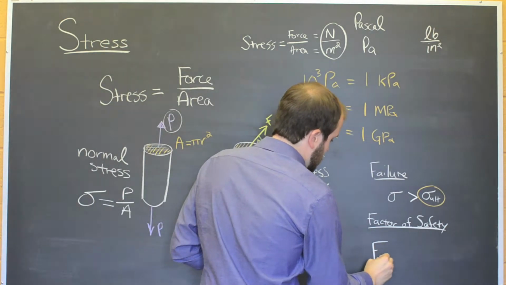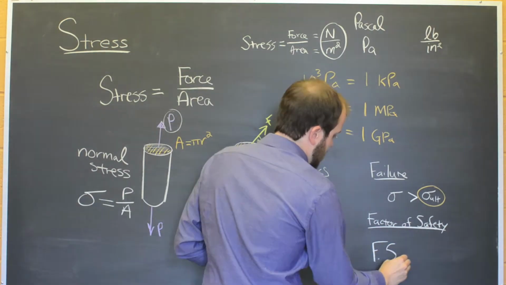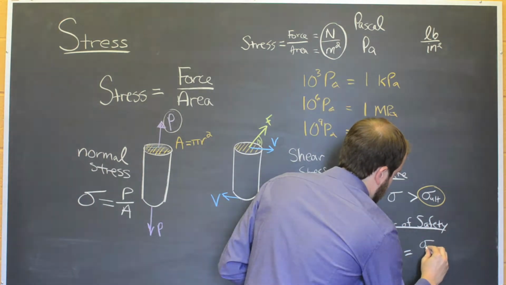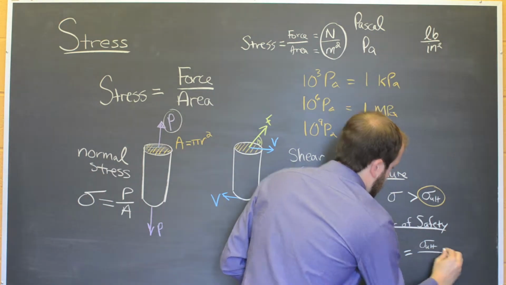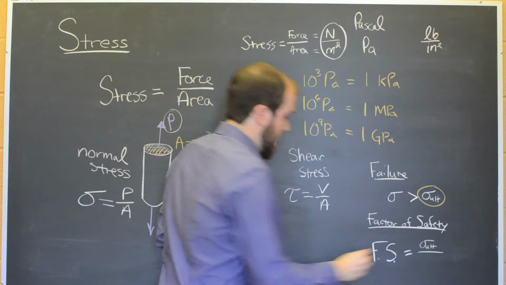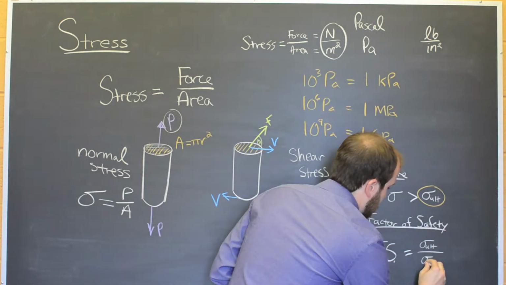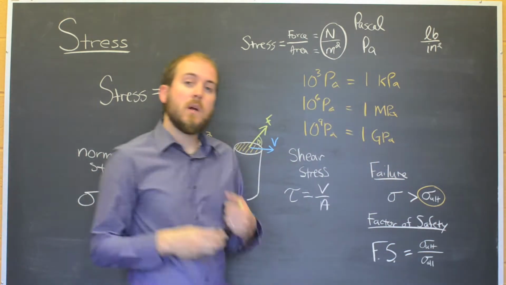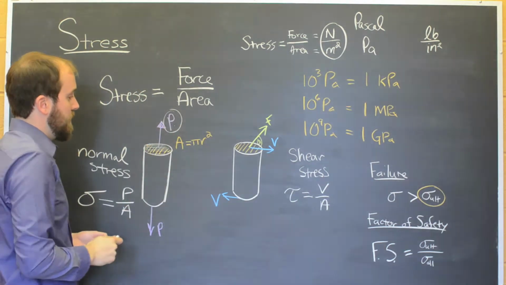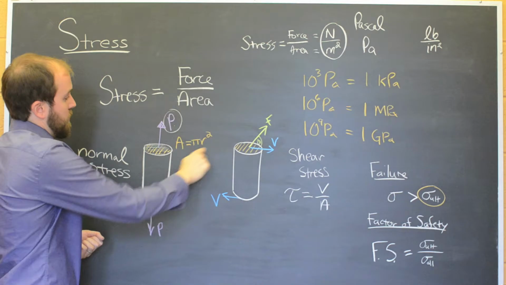It's denoted with the symbol Fs. And it's a ratio of the ultimate stress, which is a material property, to the allowable or applied stress, which is a property that's dictated by what is the load you're applying and what is the shape of the structure you're applying it to.